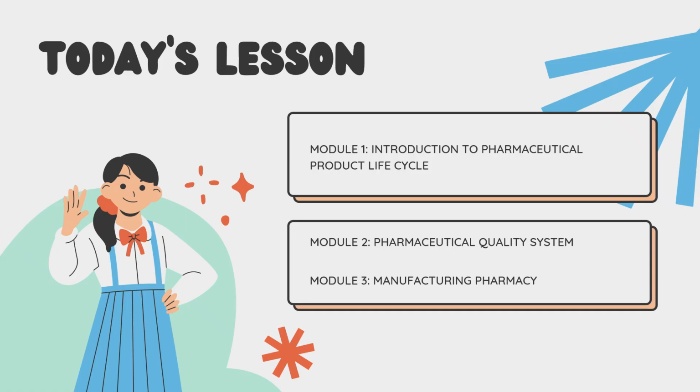Here, we'll discuss how a drug is born, from discovery to approval, and finally, to being sold in the market. Next, Module 2 is all about the pharmaceutical quality system. This is the backbone of quality assurance in manufacturing. We'll cover terms like GMP, GDP, GLP, and risk management.